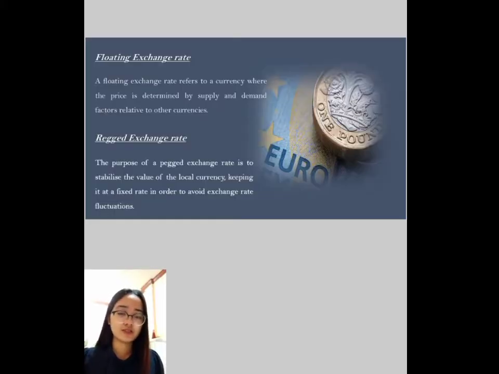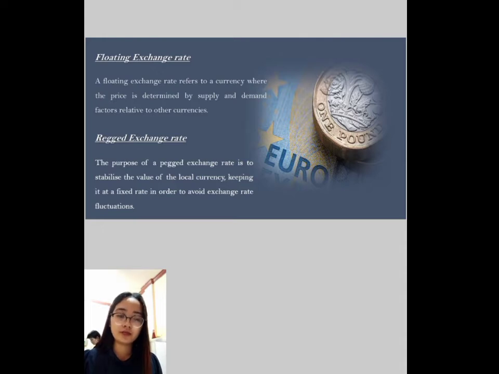So how does a floating exchange rate work? It works through an open market system in which the price is driven by the forces of supply and demand. So, remember, if the supply is increased but the demand is lower, it means that the price of a currency pair will fall.